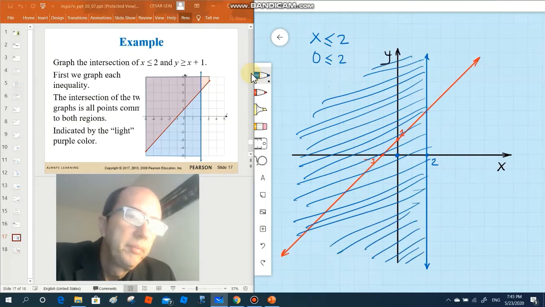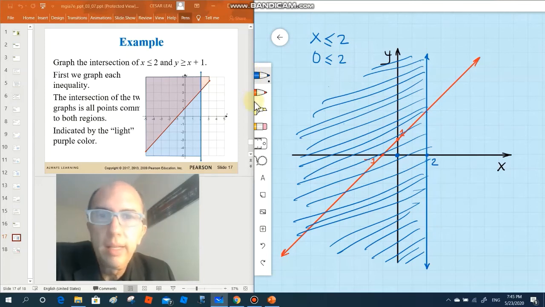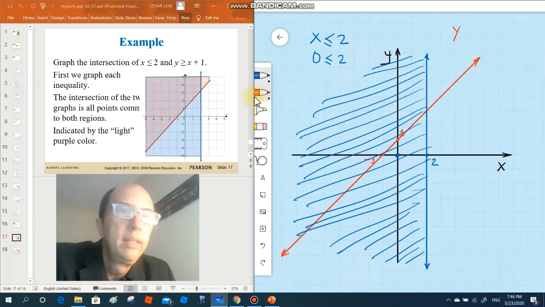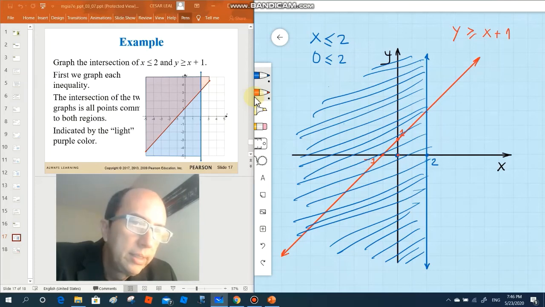And the other inequality in red, y greater than or equal to x plus 1. Test point (0, 0). 0 is greater than or equal to 0 plus 1.